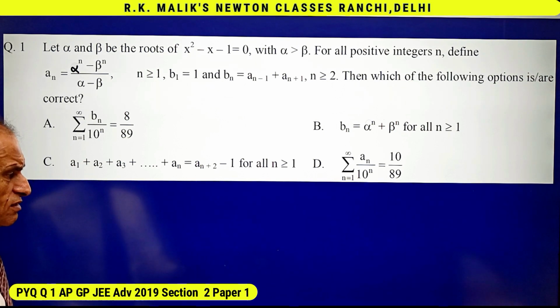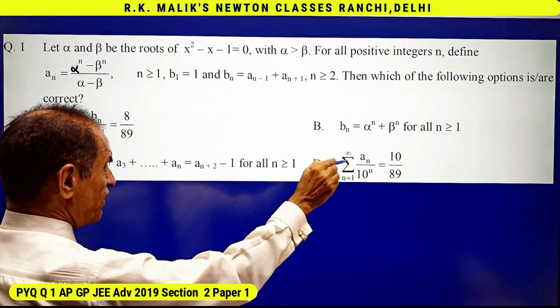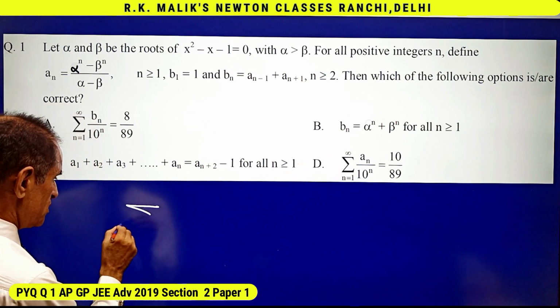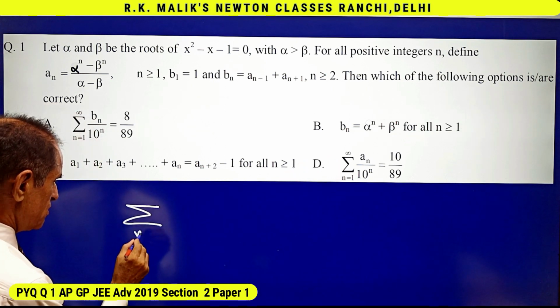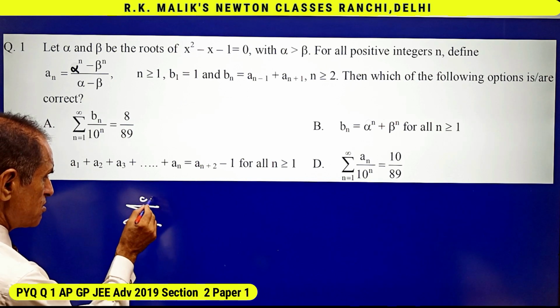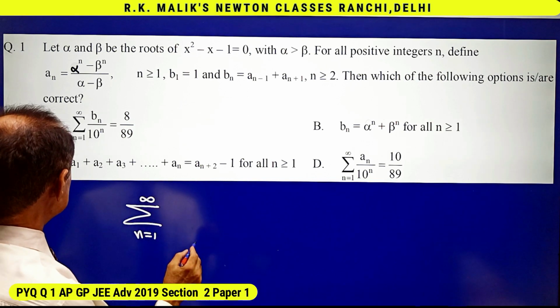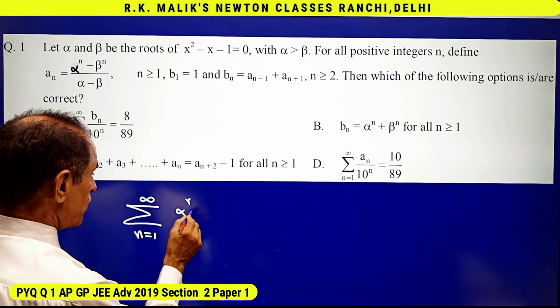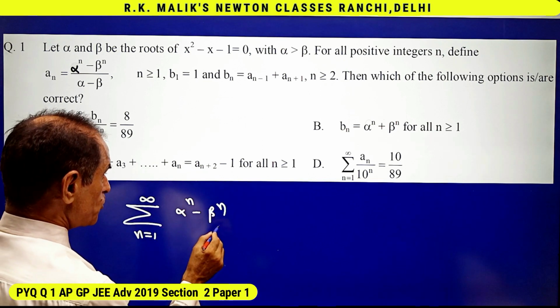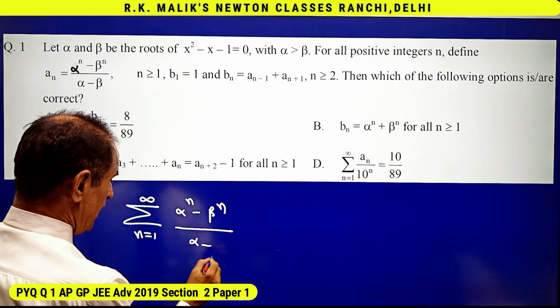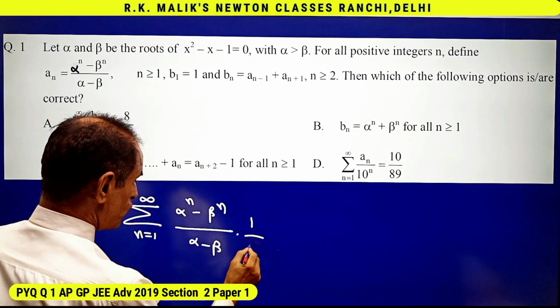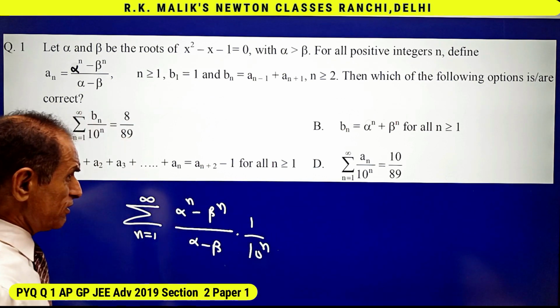It's clear that the left hand side is alpha to the power n minus beta to the power n upon alpha minus beta into 1 by 10 to the power n.